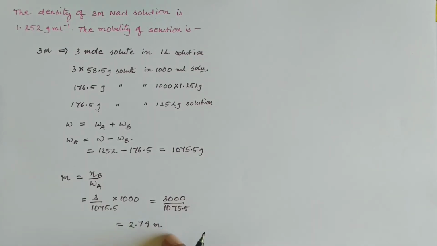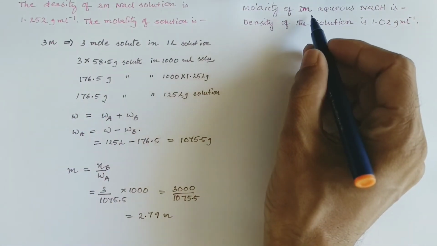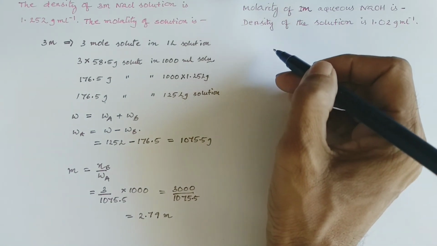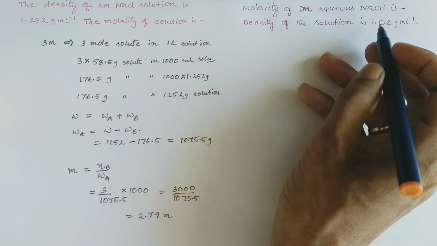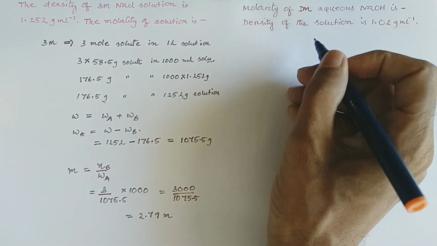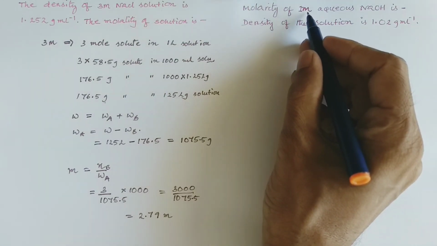Concentration is obtained. Next problem, molality of 1 molar aqueous solution of sodium hydroxide is? Here the density of the solution is given as 1.02 gram per milliliter. Once again, the molarity is given.